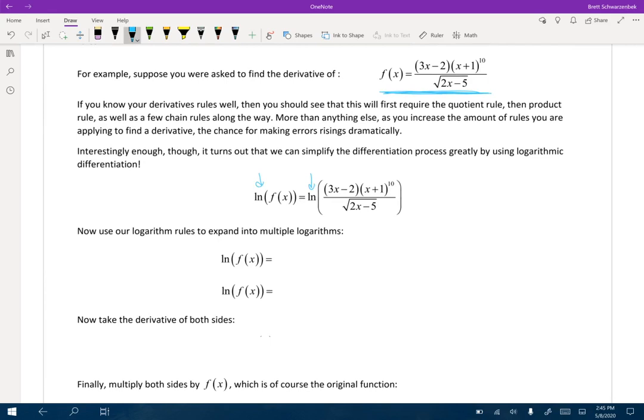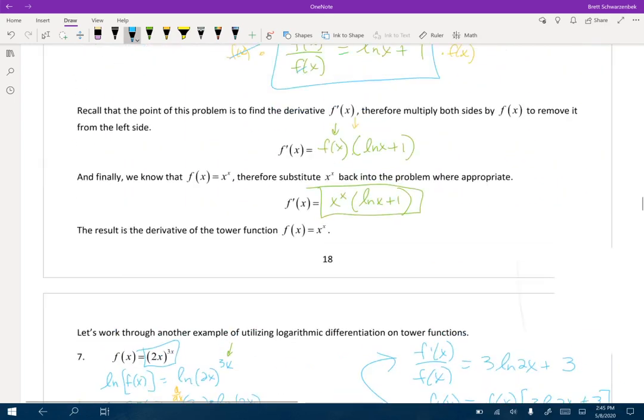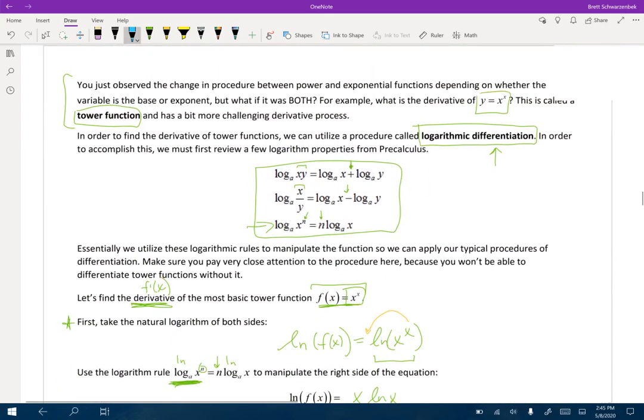So again, on the left side, we have the natural log of f of x here. But then why do we do this? Again, let's go back to our rules. All right, so let's go back to these guys right here. If we have the product, the log of a product, it's the same as the sum of the logs. If we have the log of a quotient, it's the same as the difference of the logs.